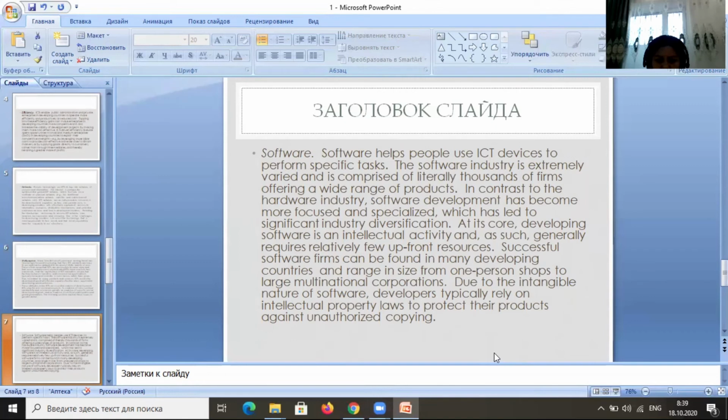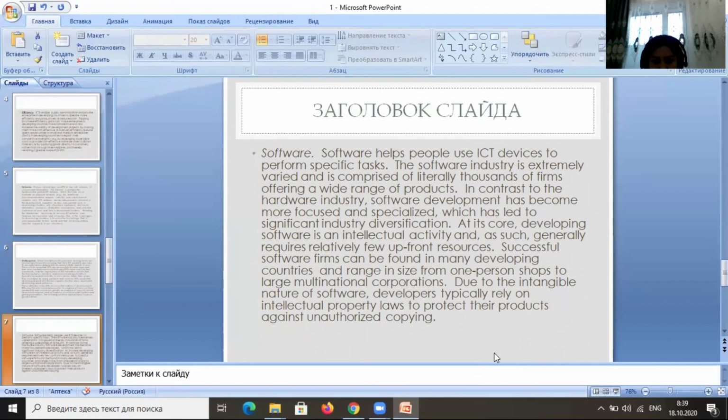Developing software is an intellectual activity and as such generally requires relatively few upfront resources. Successful software firms can be found in many developing countries and range in size from one-person shops to large multinational corporations.